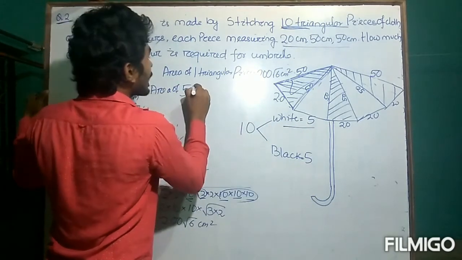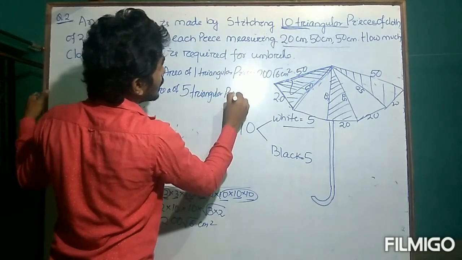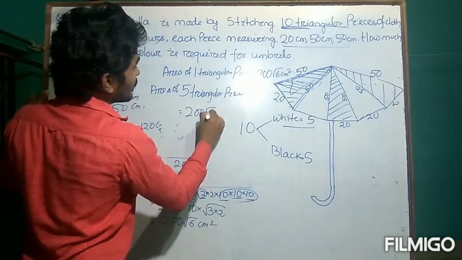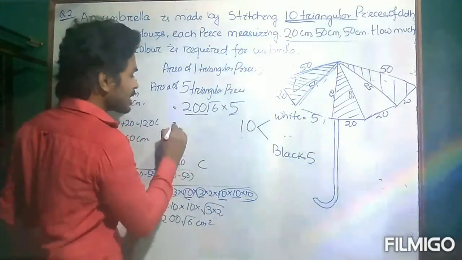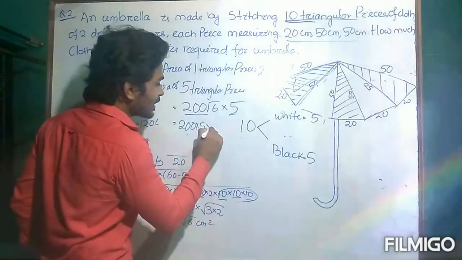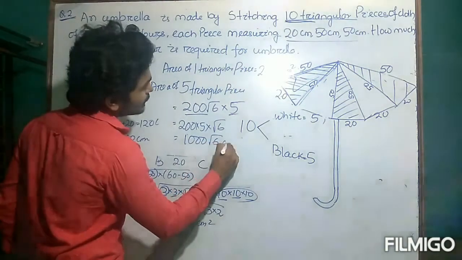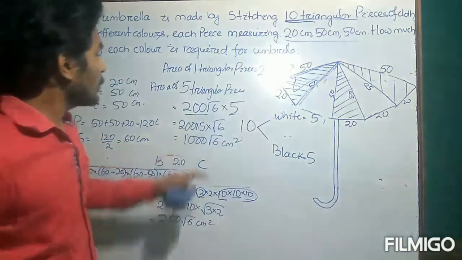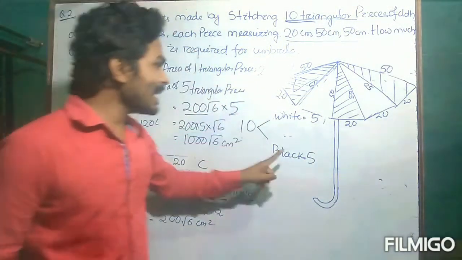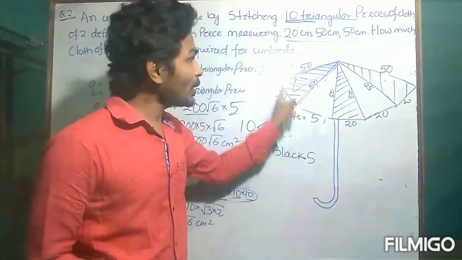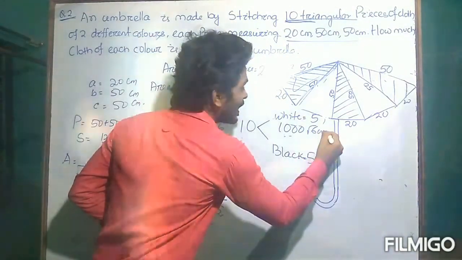So the area is 200 root 6 into 5. 200 is a rational number, 5 is a rational number, so multiply these two first, then write root 6. So it will be 1000 root 6 centimeter square. Hence, you can find the area of 5 triangular pieces. It means the area of white cloth required to make the umbrella is 1000 root 6 centimeter square.